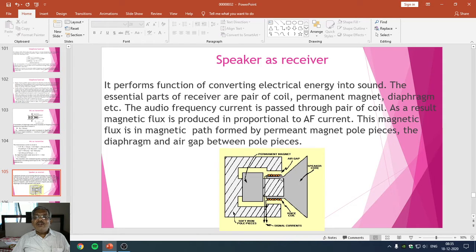Along with this magnetic flux, there is a flux generated by the permanent magnet, and also the flux due to the air gap between the pole piece and the diaphragm. The net resulting flux is the sum of the flux generated by the permanent magnet, the flux generated by the audio frequency current, and the flux generated by the air gap between the pole piece and the diaphragm.